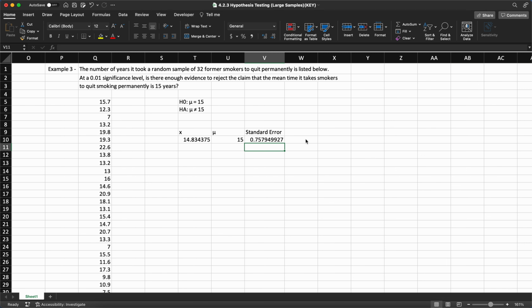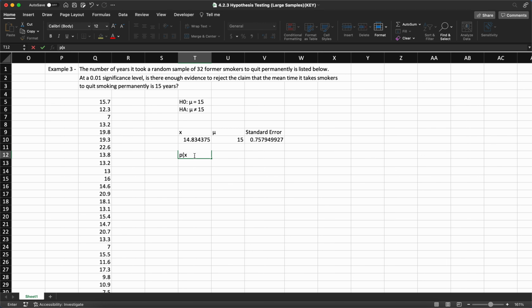Now at this point, if you have an intuitive understanding of normal distributions, we can see that within one standard deviation of this mean is this population mean. And so I think it's going to be hard to reject the null hypothesis here, but let's go ahead and calculate the probability.